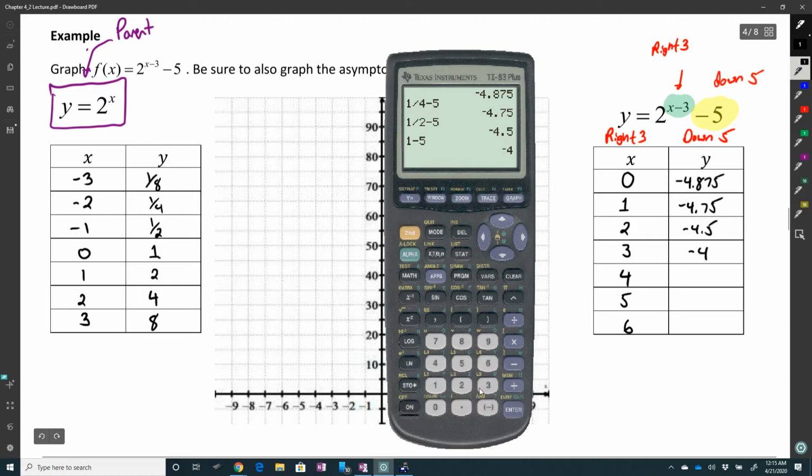Then we have 2 minus 5 is negative 3. And then you have 4 minus 5 is negative 1. And then finally, 8 minus 5 is 3.